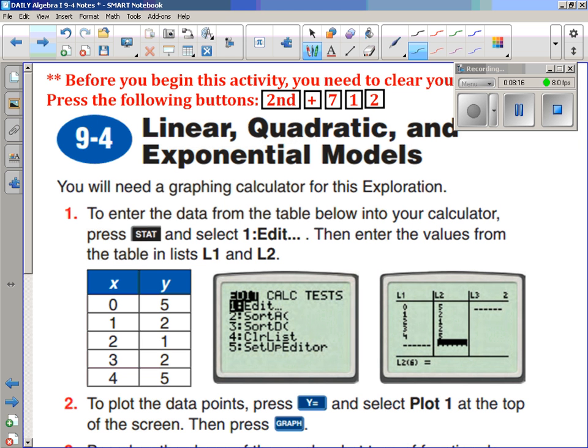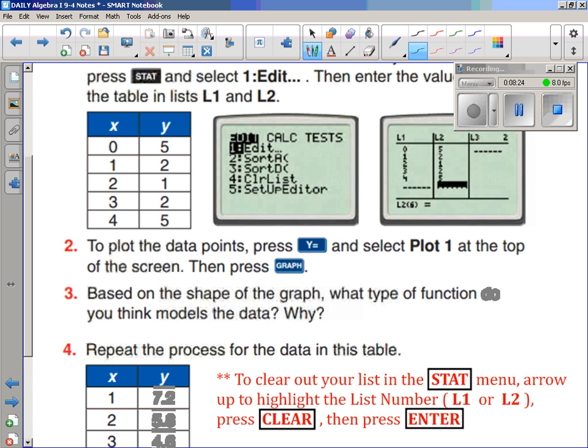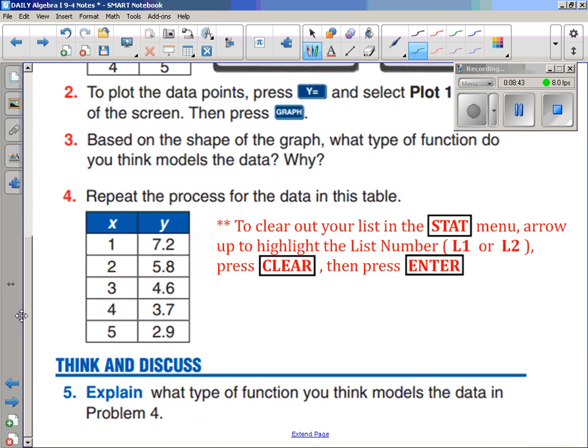If you are curious about learning how to use your calculator for what we're doing today and graphing points in a table to see what shape they make, look at these notes on this page, because it steps you through step by step everything you would need to do to look at the shape of the points on your graphing calculator. But with what we're doing today, we do not necessarily need the graphing calculator.